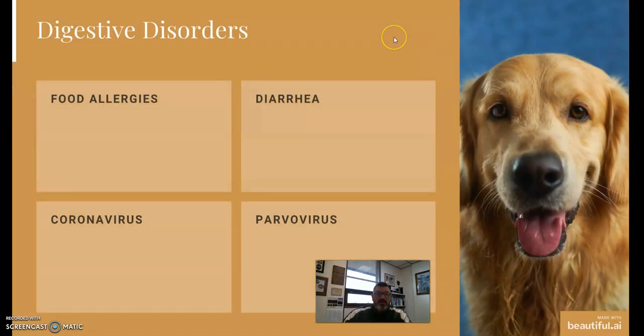Digestive disorders, of course, are also quite common when we talk about companion animals, and some of those, again, are related to food allergies. You can have episodes of diarrhea, you can have simple upset stomach time periods, maybe a small viral or bacterial problem in their stomach that runs its course for a quick little spell.